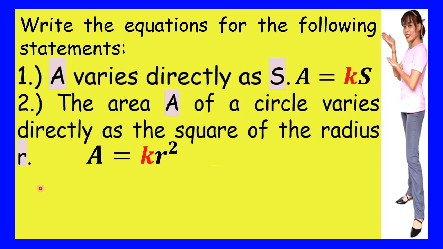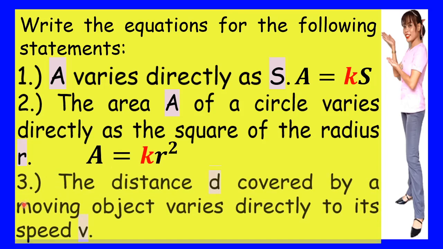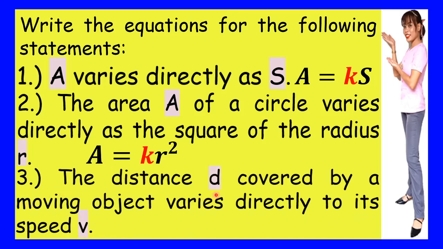And now let us proceed to statement number 3. The distance d covered by a moving object varies directly to its speed, represented with small letter v. So the variables or the quantities involved here are distance and speed, d and v respectively.